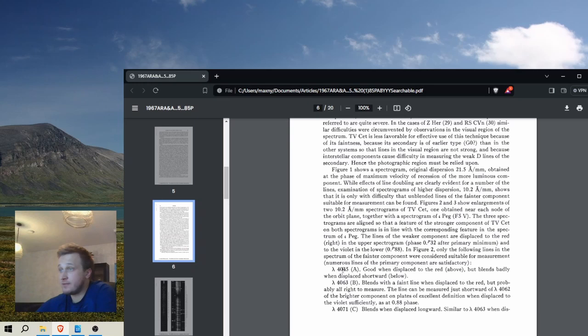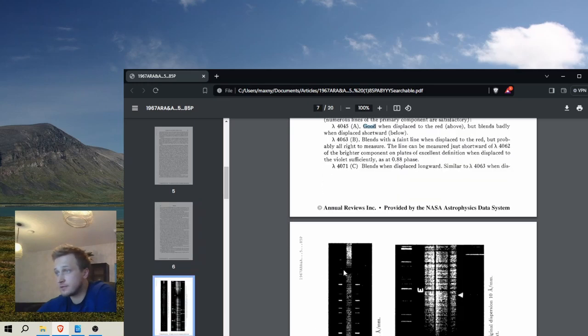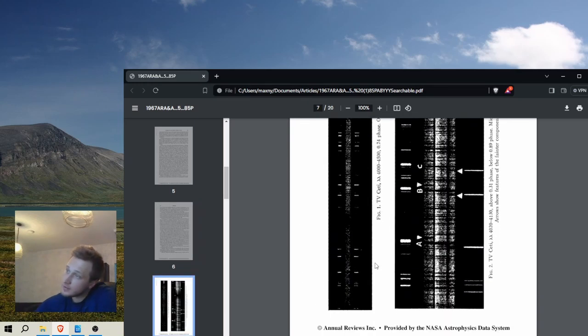Lambda 4045, okay. So let's see if we can figure something out. I think here he's referring to a wavelength 4045 angstroms, maybe. I don't know. And he says that it's good, as if it's clear. So let's check for that.